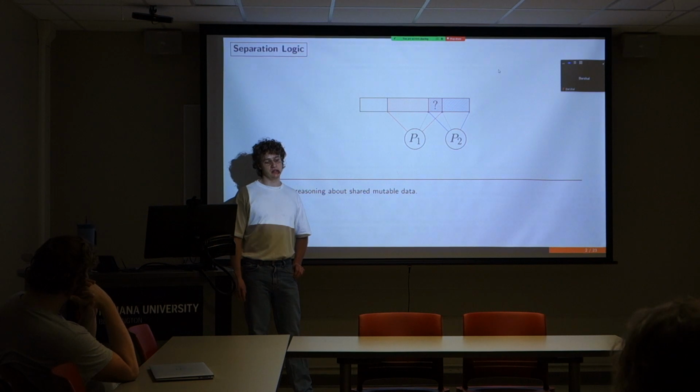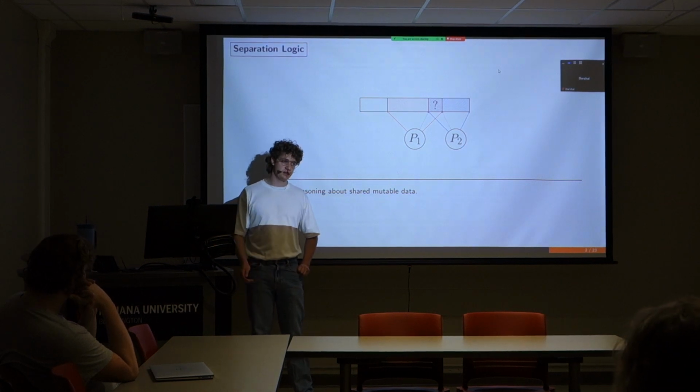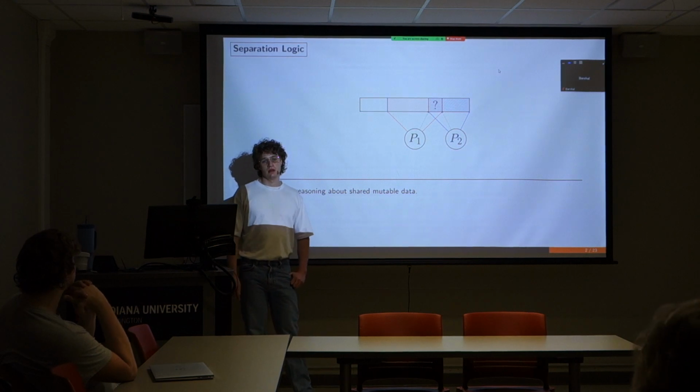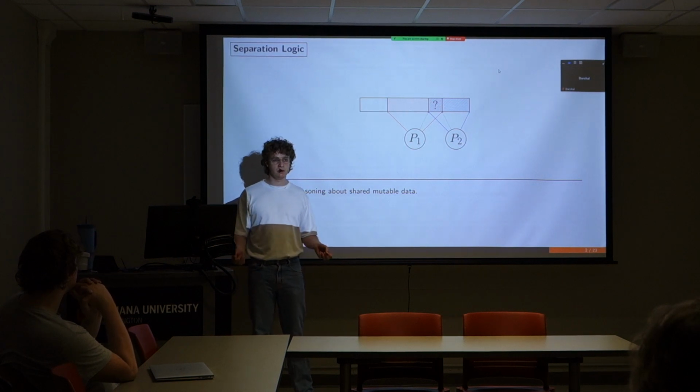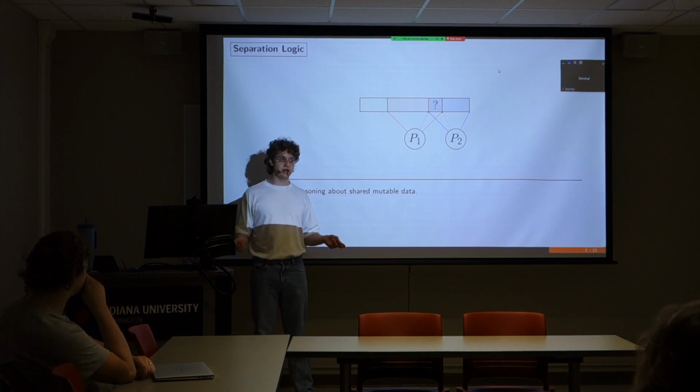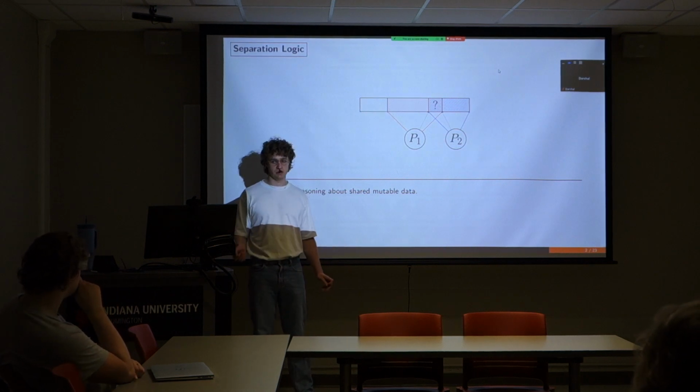Separation logic is a logic that is designed to facilitate this. So it allows for reasoning about local components of a complex system and seeing how those components then fit together to provide a global specification of the system.